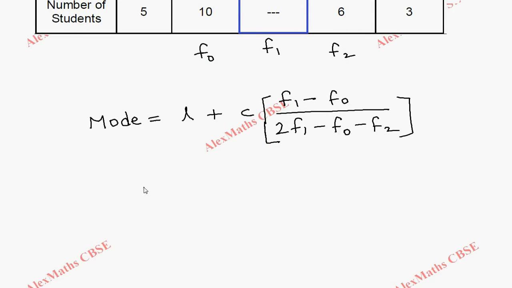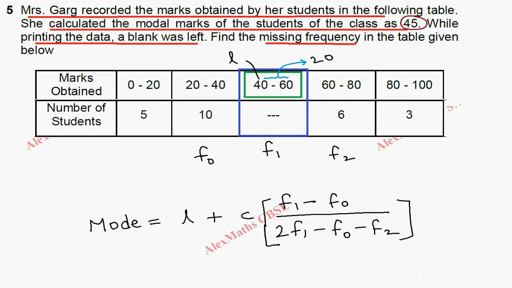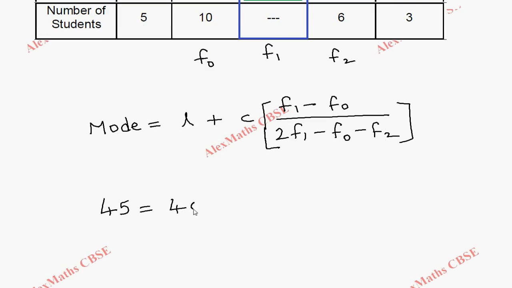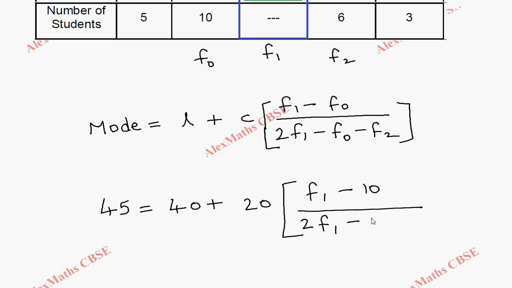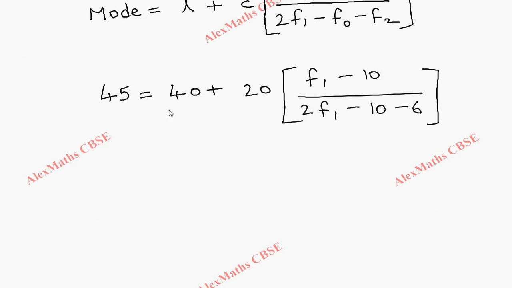So when we substitute the values here, 45 equal to the value of L, already we marked here 40, plus class width is 20, bracket open, F1 we have to find out, F0 is 10, whole divided by 2 into F1, F0 is 10, F2 is 6. So all these values we have substituted.